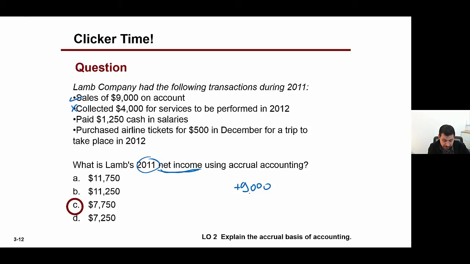This was paid now, so this is minus 1,250. Purchased airline tickets for $500 in December for a trip to take place in 2012. Once again, the event will take place in 2012, and we do not include it in our calculations. This is why the answer is 7,750.